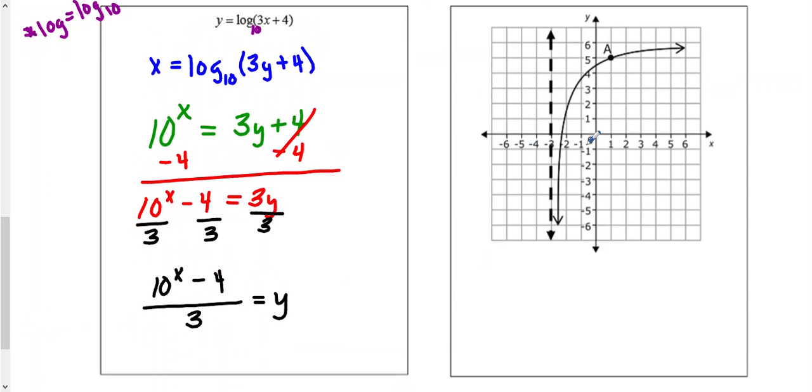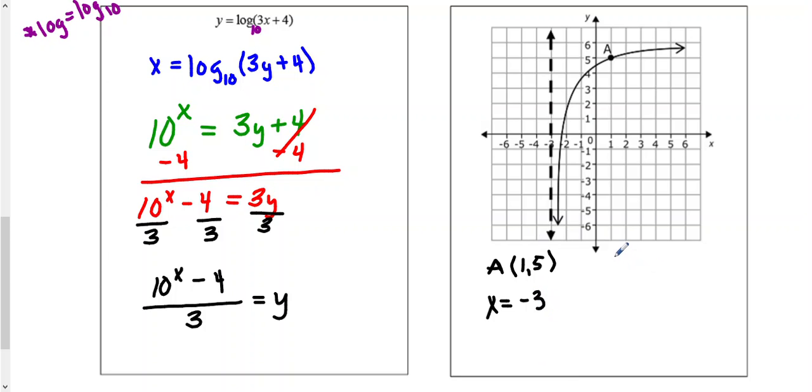Now, with graphing, it's the same situation. So first, I'm going to label my point A, and that is located at 1, 5. And I also have a vertical asymptote, which is x equals, and that occurs at -3.